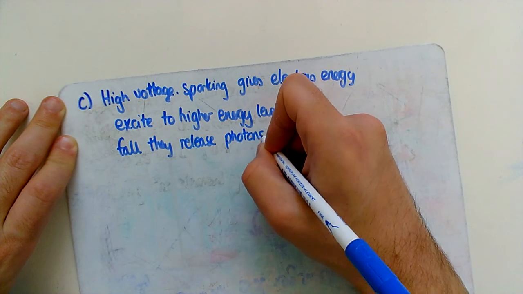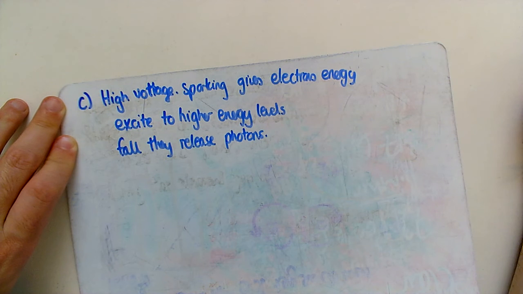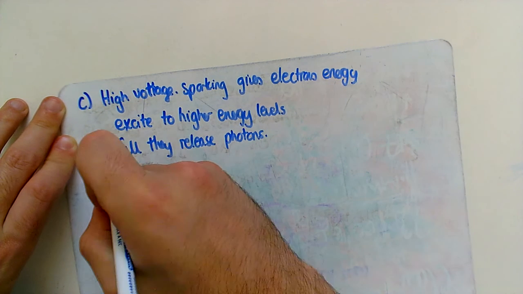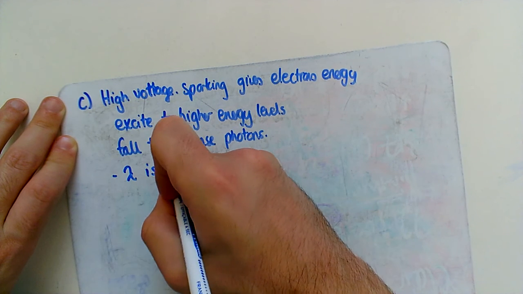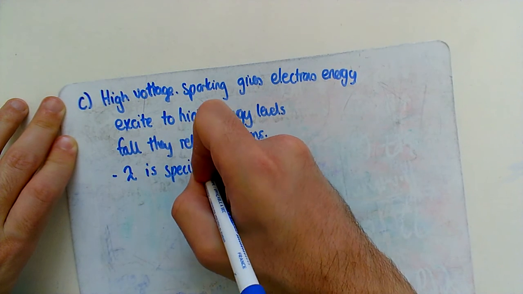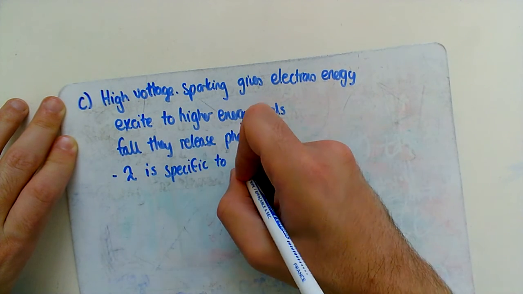Now specifically, because you were dealing with different elements and each element had a different line, you'd need to include a line saying wavelength is specific to different elements.